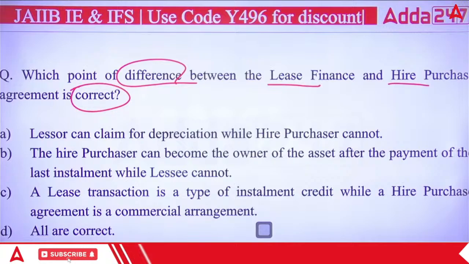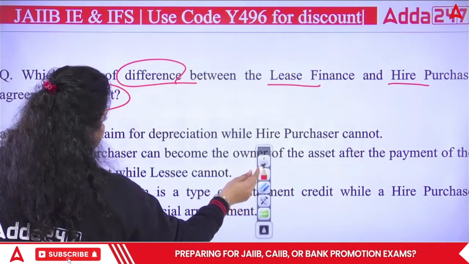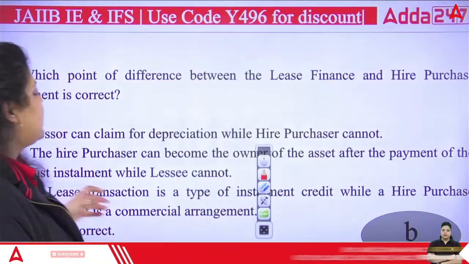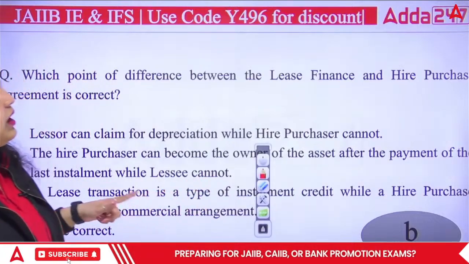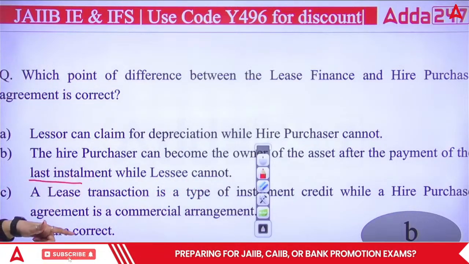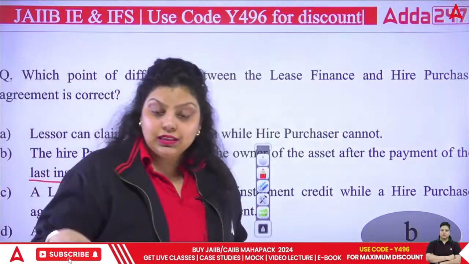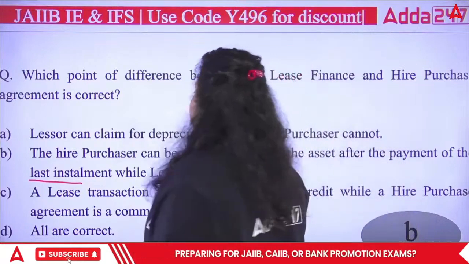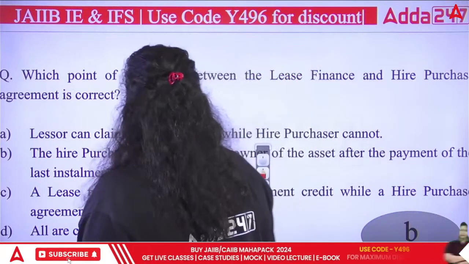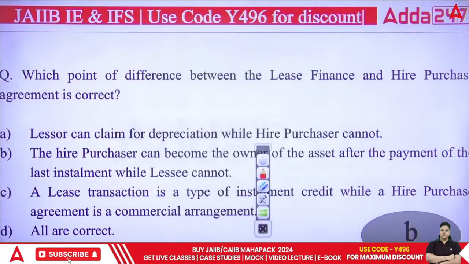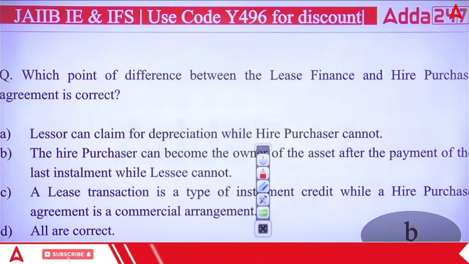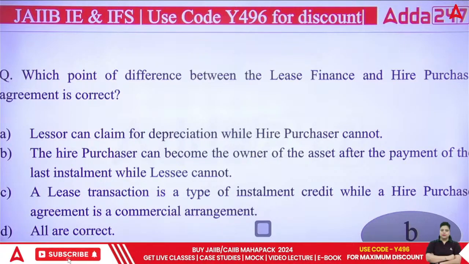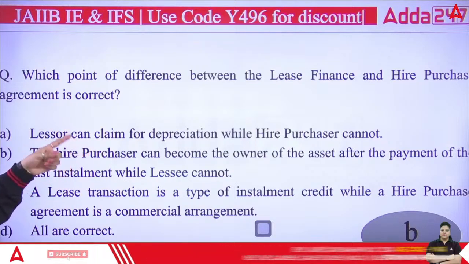And the right answer is B. The second says the hire purchaser can become the owner of the asset after payment of the last installment while the lessee cannot. Because in open-ended we have discussed that the lessee can own the property. So the right answer here is B. The first is not the correct difference: it says the lessor can claim the depreciation, but no, the lessee can claim the depreciation.